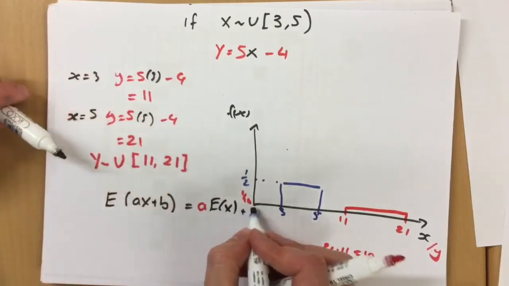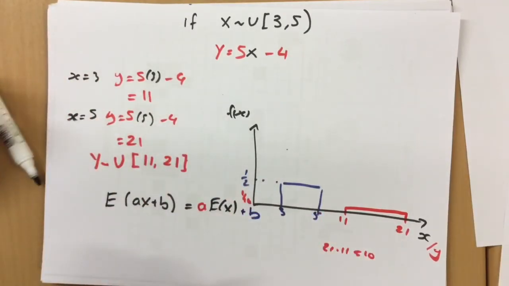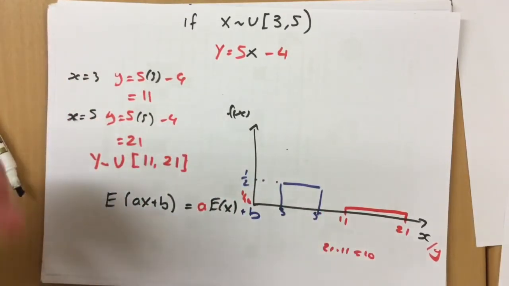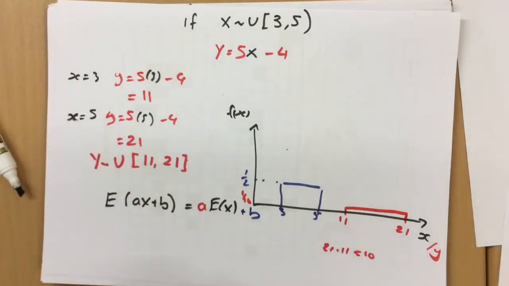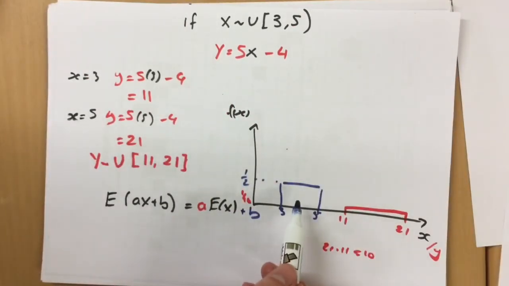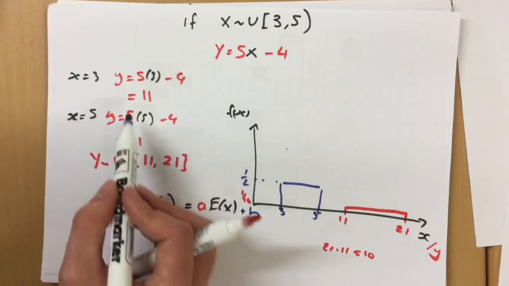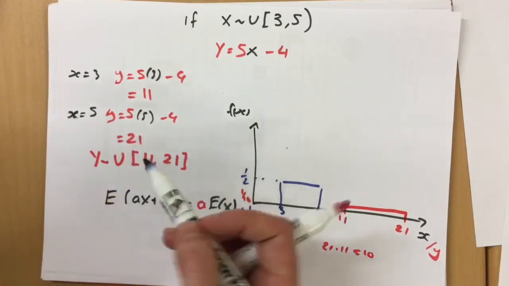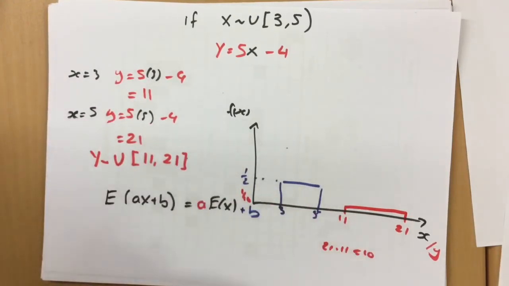If we add on something, we add on something to the mean. So the mean was originally 10, for example. See, that makes no sense, obviously. Okay, let's say the mean was 4, which seems quite likely. You just do 5 times 4, take away 4. That's the new mean. Nice and lovely and simple.